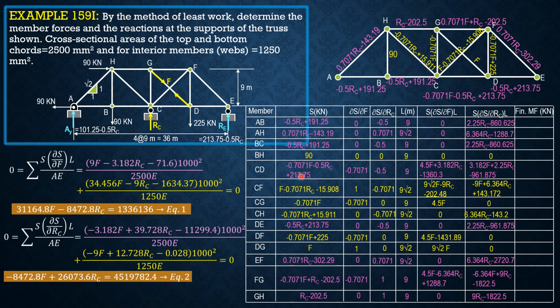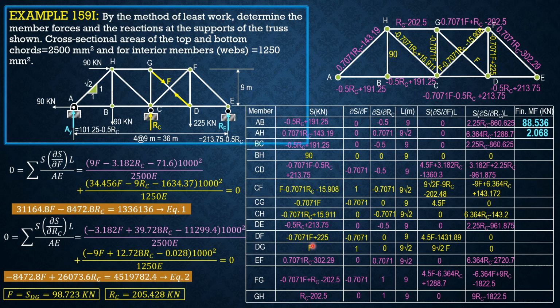For CD, negative 0.7071 of F, 98.723, minus 0.5 of 205.428 plus 213.75, so that's 41.229. Then the rest you just evaluate. For CH, negative 129.347. For DE, 111.036.